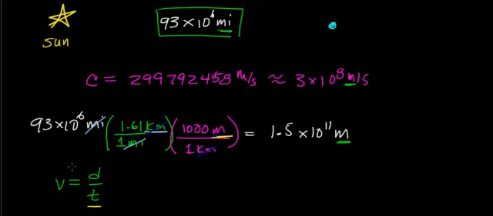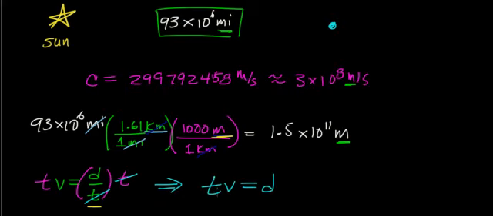And to do that, you're going to multiply both sides of this equation by time. And when you do that, you should see that this unit of time cancels out with that unit of time, and you get time times velocity equals distance. But now we need to know what the time is, how long it takes for light to travel this distance at this rate. So what we're going to do to both sides of this equation now is divide by the velocity or speed of light.